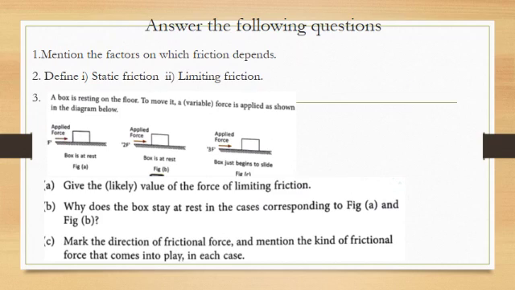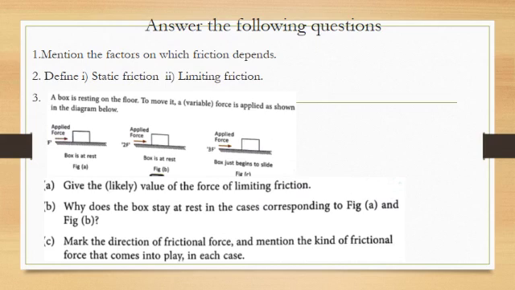Now you have to write answers to the following questions in your rough notebook. Question number 1, mention the factors on which friction depends. Question number 2, define static friction and limiting friction. Question number 3, a box is resting on the floor.